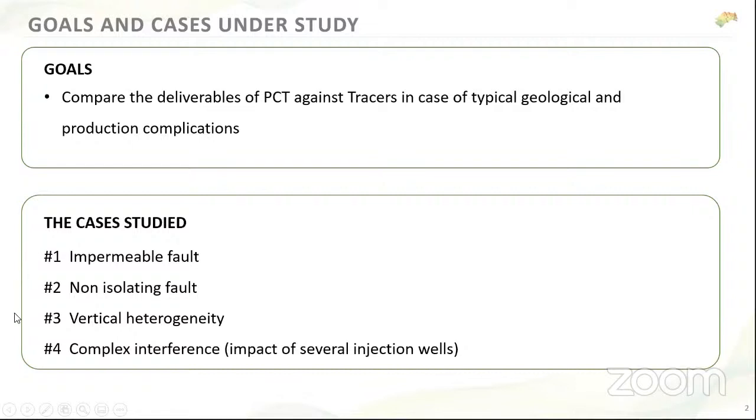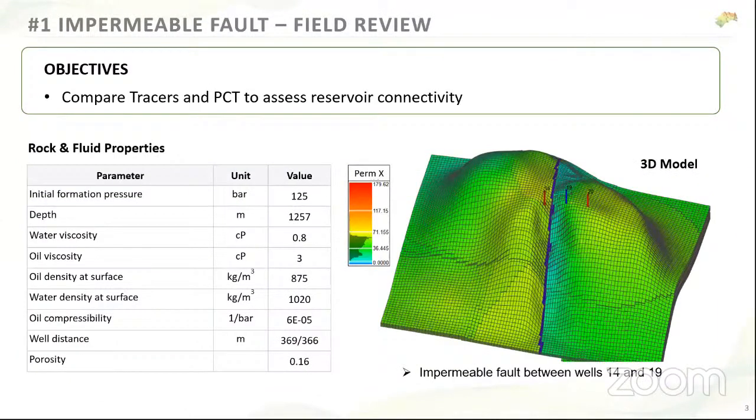We examined only 4 cases: the presence of an impermeable fault, the presence of a fault which is not isolating the reservoir, significant vertical heterogeneity of the reservoir, and complex interference of injectors and producers. So let's see how our study was performed.